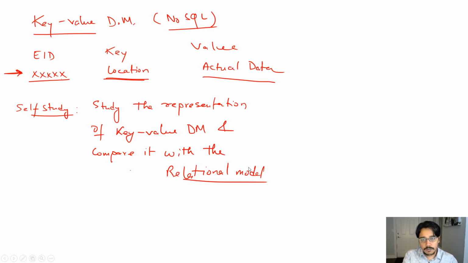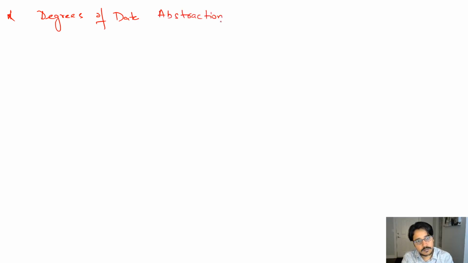So the final topic from this chapter is basically the degrees of data abstraction. So any data model, to understand this, let's look at this. Any data model, when you're designing a database, can be broken down into four parts, four subcomponents.